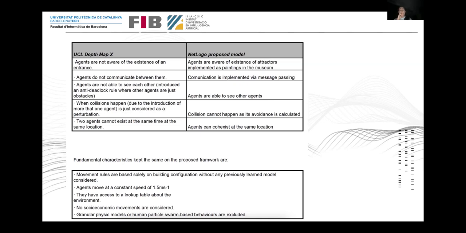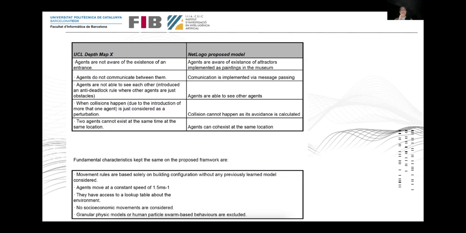On the other hand, several things are implemented in the same way. The movement rules are basically based solely on the building configuration, based on the previously mentioned walkability mapping of the patches, and on the visibility degree of the agents, the distant vision of the agents. They are also moving with a constant speed.